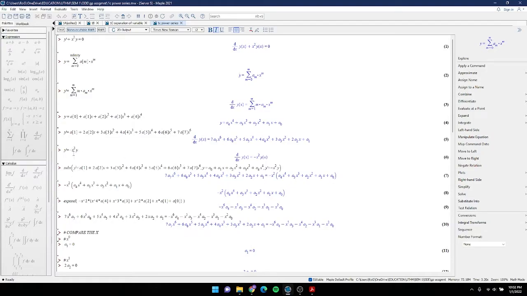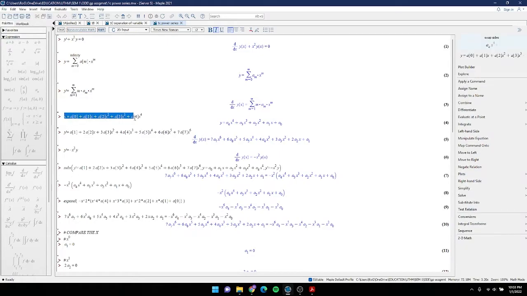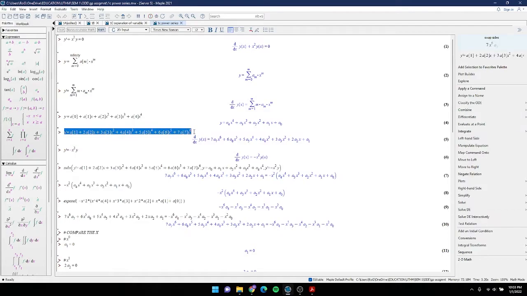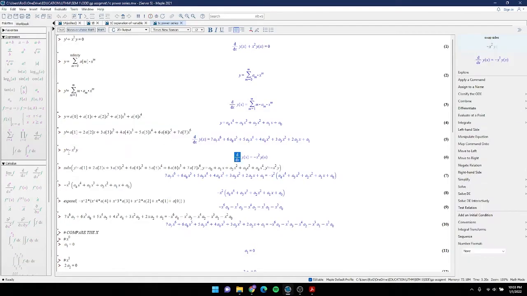Then we substitute the value of y and y prime into the equation y prime equals negative x squared y.